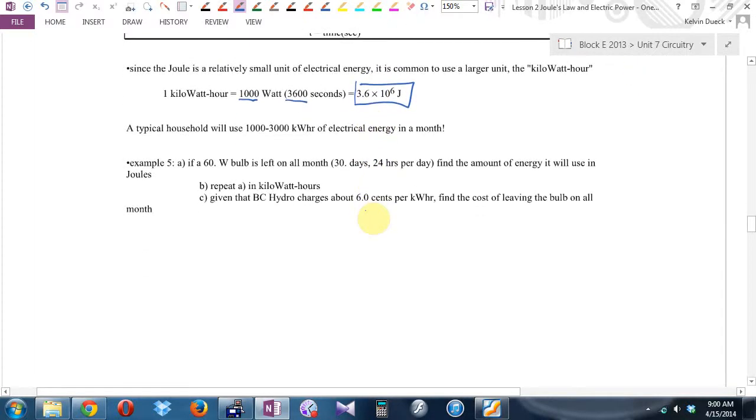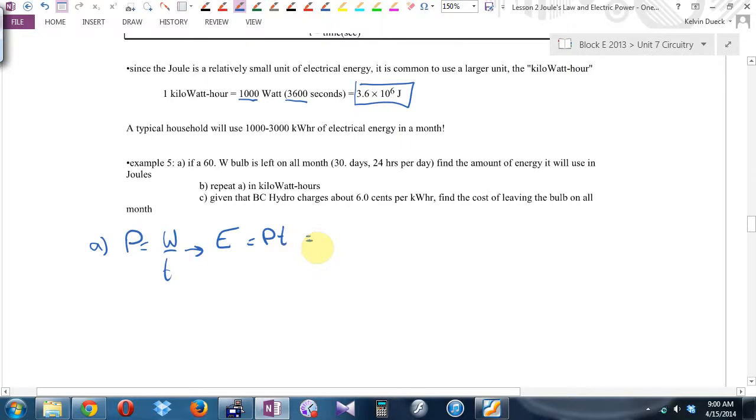So, if a 60-watt bulb is left on all month, let's say a 30-day month, because months have different lengths, 24 hours per day, how much energy will it use in joules? Okay. Well, power is work over time, so work or energy is going to be power times time.